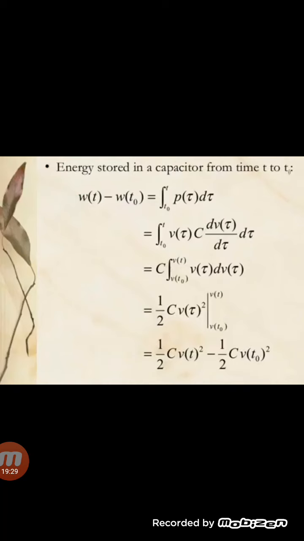Okay, students, what is very important to find is the energy density. Energy stored in a capacitor from time t naught to t. You look at this and I will explain in detail.